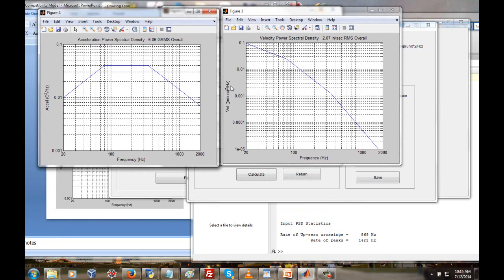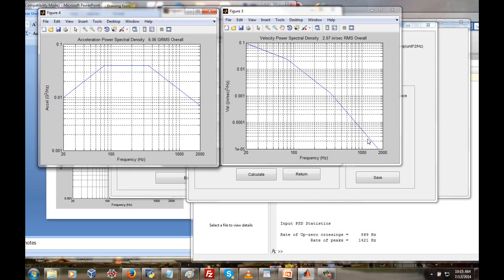If you look at these two curves, you can see the effect of the integration from acceleration to velocity, and how the energy at the low frequency end is emphasized, and some of the high frequency energy is being tapered off.